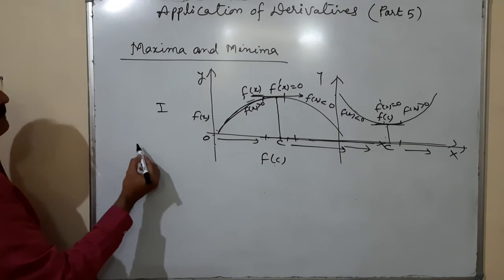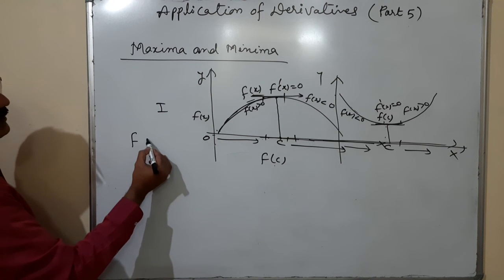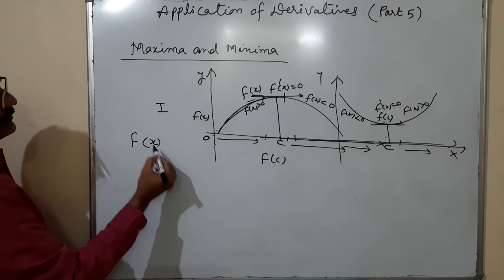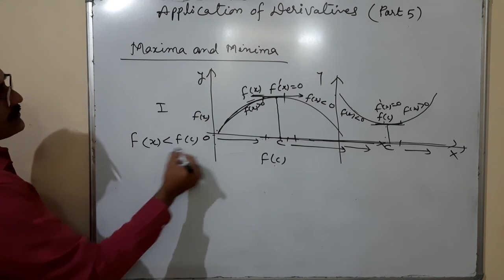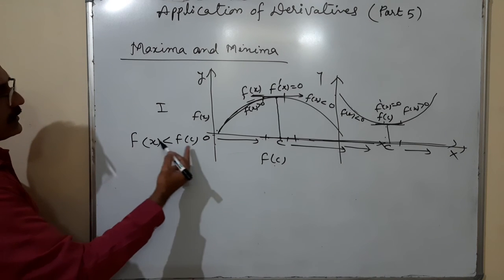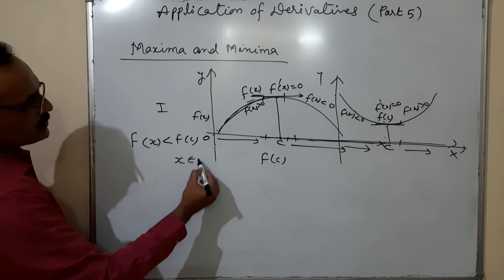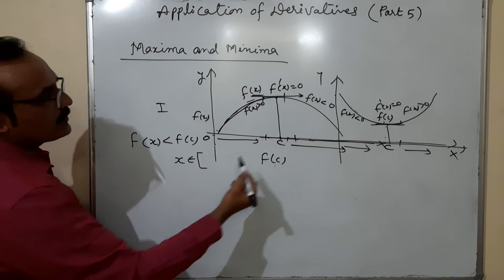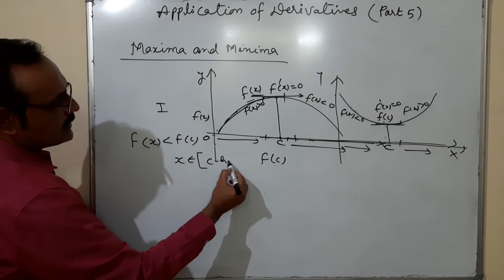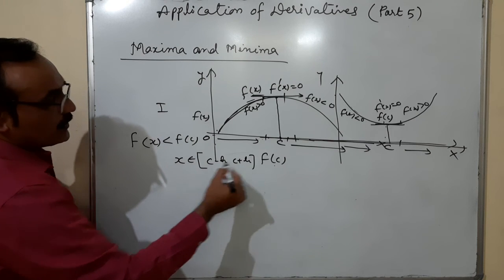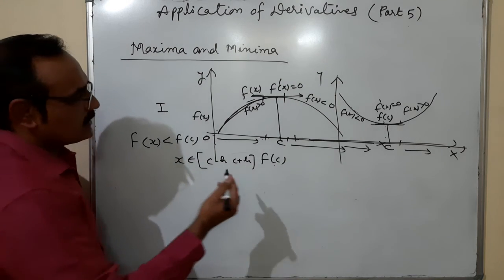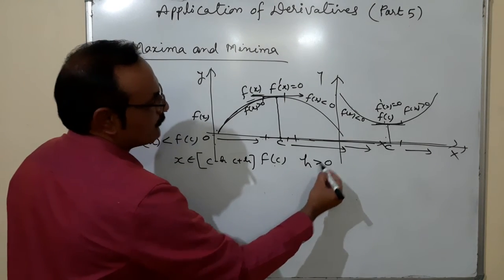If f of x is less than f of c, where x belongs to the interval c minus h and c plus h, where h is a smallest positive value.